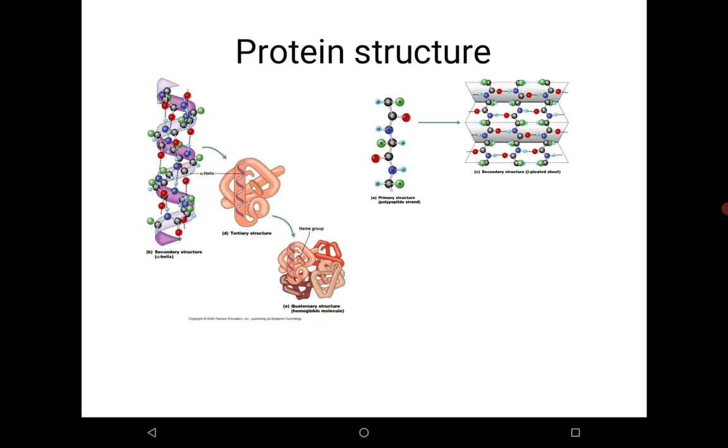So here we have the diagrams. According to the protein structure, after the primary amino acid sequence is formed, the protein can also assume a secondary structure, and there are two types here. You have the alpha helix, which is here, and you also have the beta pleated sheets here.